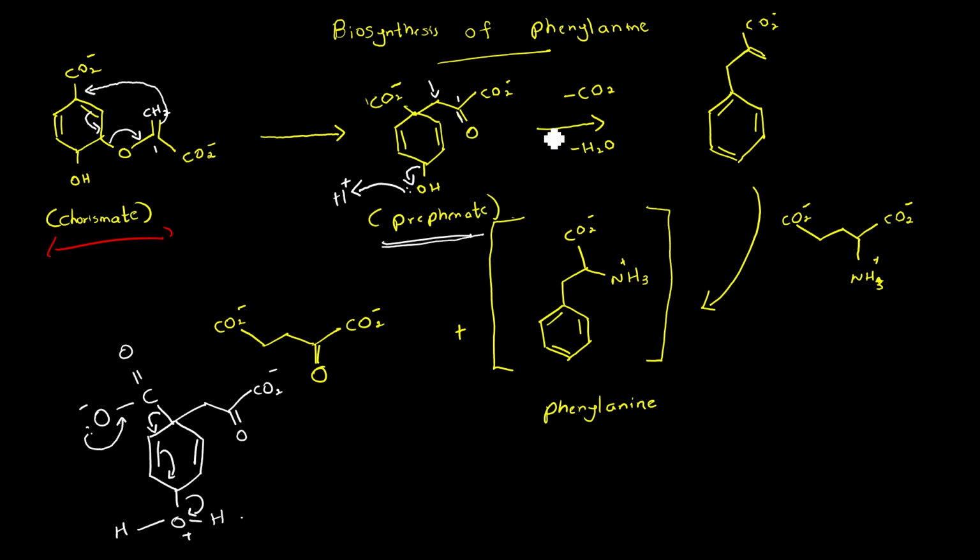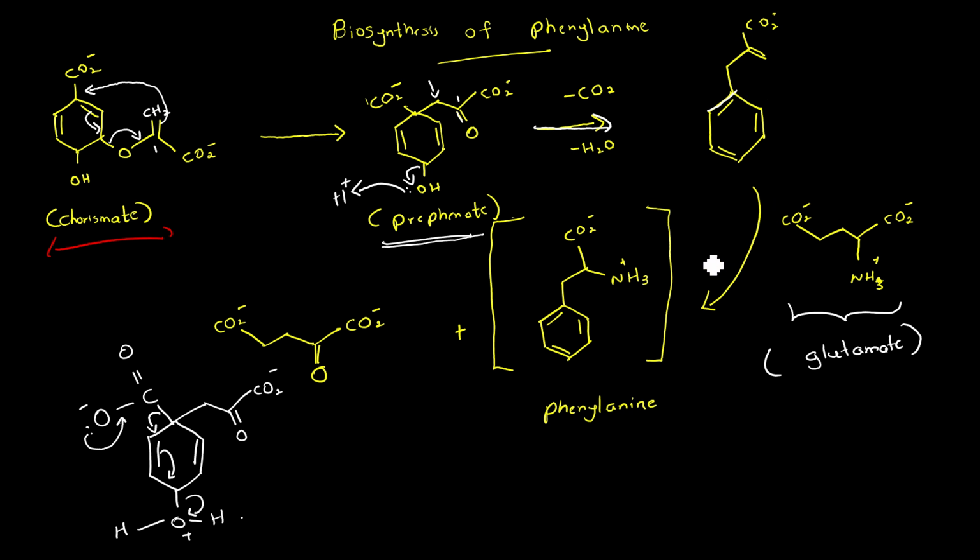So the result you can obtain is this one. Here you have the benzene ring and our carboxylate anion. And here I hope you remember this molecule part. This is glutamate. So transamination would happen here.